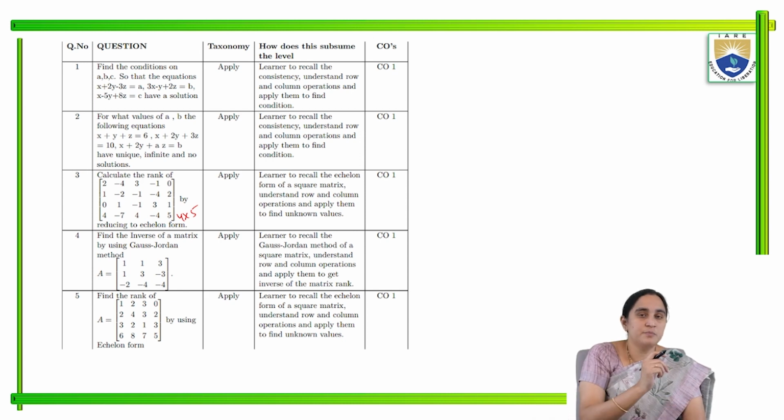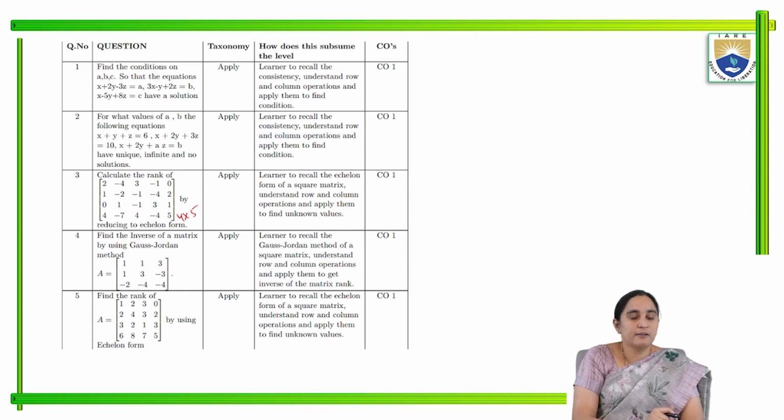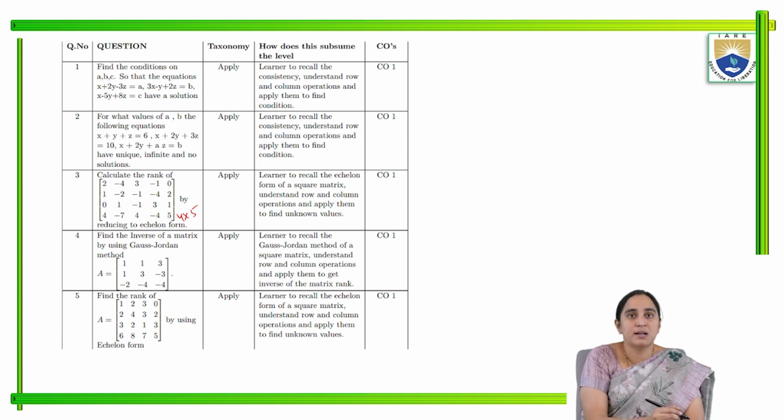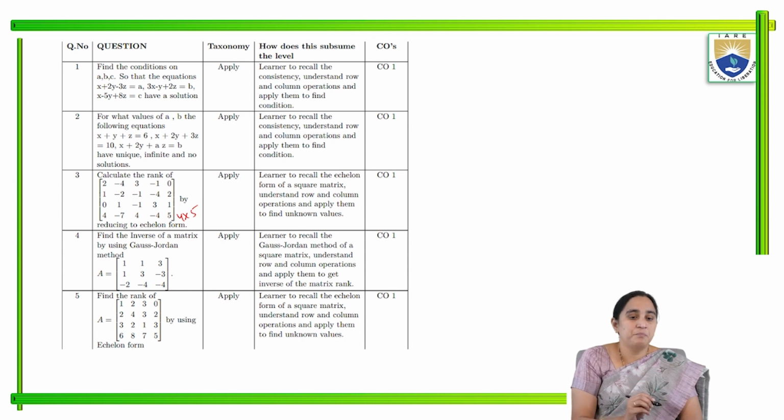In that case, we have to apply the general concept of echelon form: the number of zeros in a row is less than the number of zeros in the next row, and that is less than the next row's zeros. If that condition is satisfied, then the given matrix is reduced to echelon form. Here we apply only row operations.